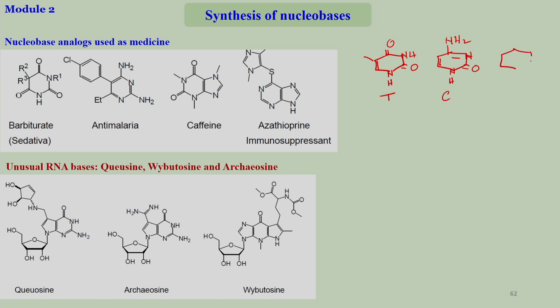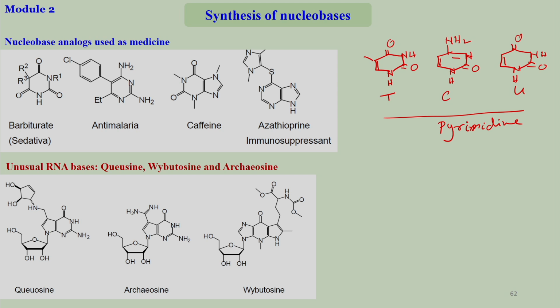Cytosine, and we have uracil in RNA. These three are of the pyrimidine class, and adenine and guanine are of purine class. So, we will take one at a time. We will discuss the synthesis of the pyrimidine nucleobases first and then we will come to the purine rings.